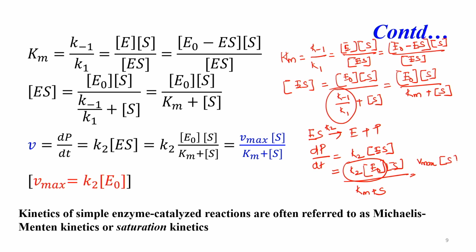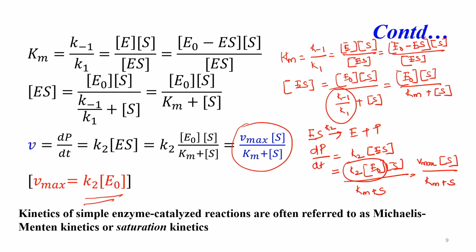So, Vmax S upon Km plus S. So, this is the typical Michaelis Menten equation, which says Km is K minus 1 upon K1 and Vmax is K2 into E naught.